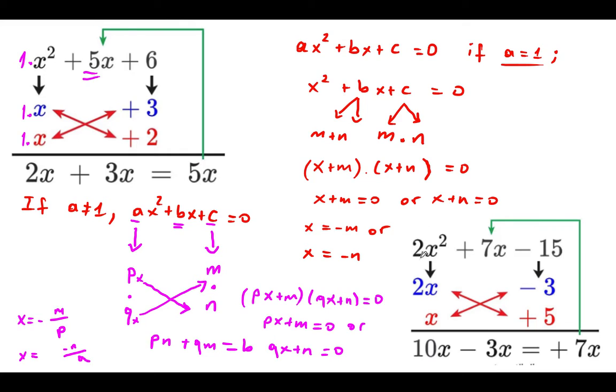Or when a is different than 1, take negative 15, the product of two numbers such as negative 3 and 5, and 2, the product of 2 and 1. Now 2 times 5 is 10, and 1 times negative 3 is negative 3. 10 minus 3 is 7, so it is satisfied. When it is satisfied, we say 2x minus 3 times x plus 5, and then we continue.